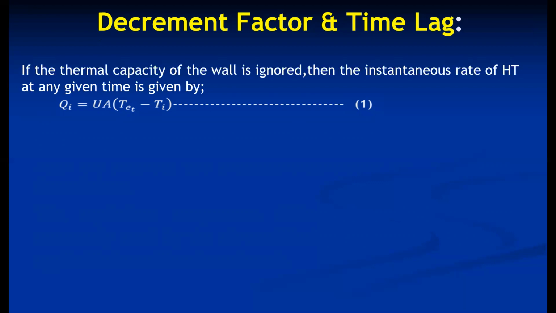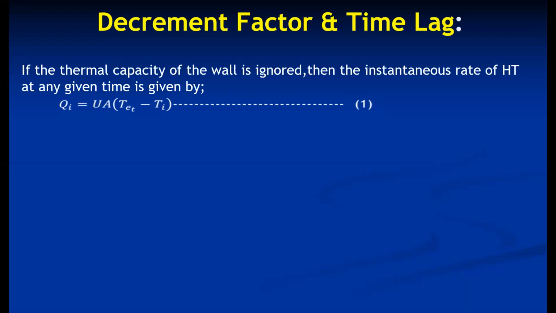Whenever the U term is there in the expression of Q, that is the overall heat transfer coefficient, it considers the end temperatures. If heat is transferred from outside air to inside air, first heat is transferred from outside air to the outside wall, which is due to convection, then from the outside wall to the inside wall, which is due to conduction, and from the inside wall to inside air, which is again due to convection.